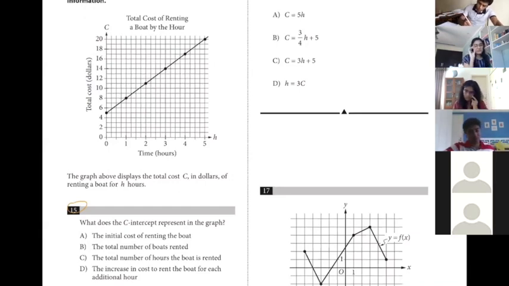All right, many of you got A. The right answer is A. Again, you can use the units method. This graph is talking about the cost of renting a boat by the hour. So the units are cost, and so the answer must also be in cost. If anything is plotted on the graph, the units will be cost.